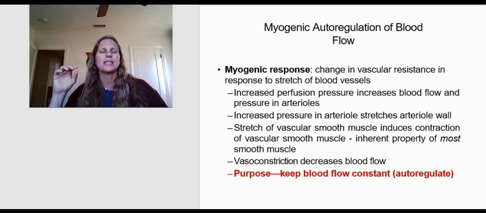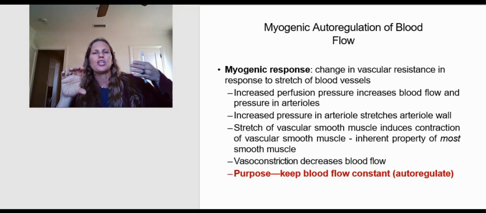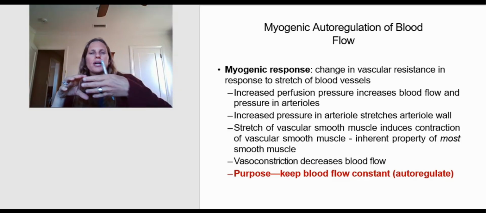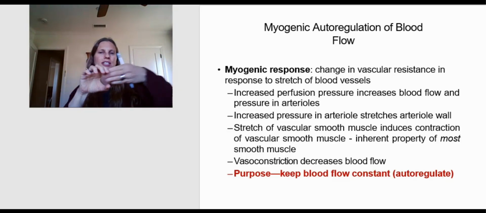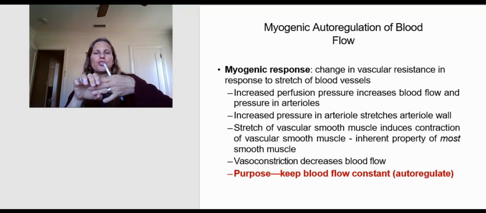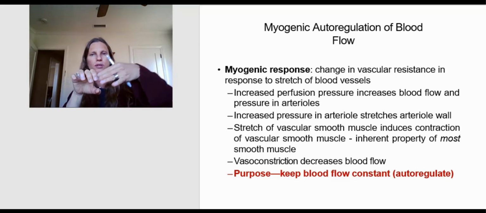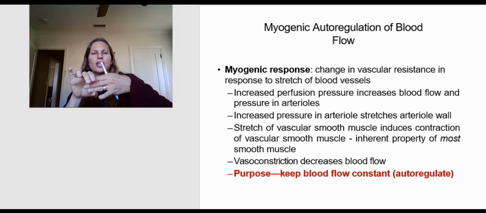If you have increased perfusion pressure, to perfuse means to bring more blood. As the increased blood flow goes into that vessel, the pressure in that vessel is going to go up. So that increased pressure would cause the arteriole to stretch a bit.